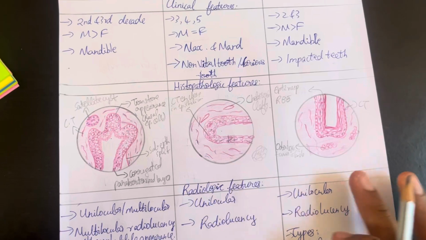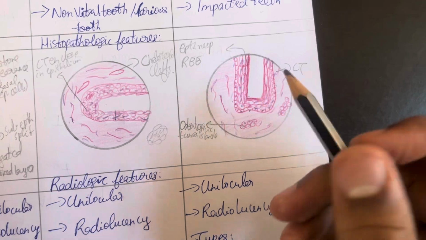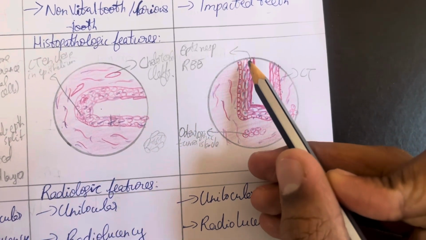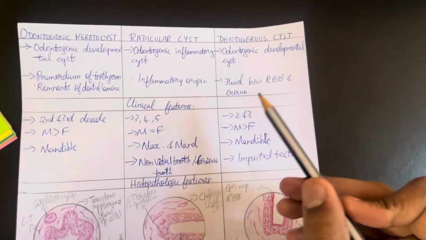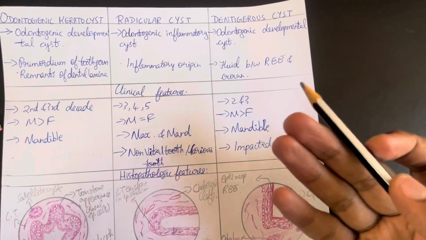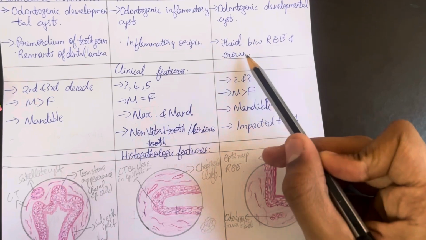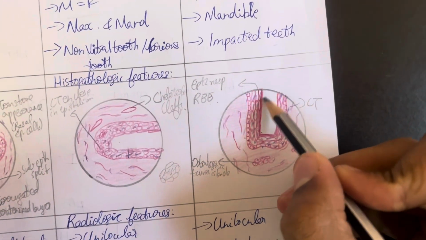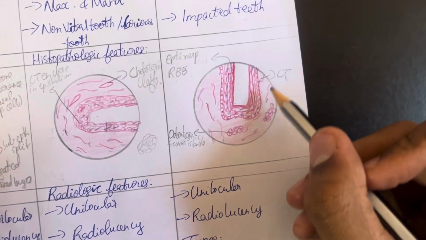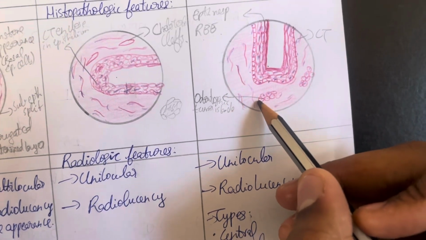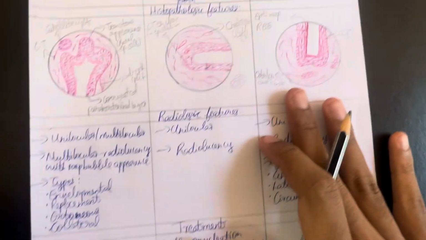Now coming to the dentigerous cyst, this is the outline, and the lining epithelium will resemble the reduced enamel epithelium. As we saw the origin of this dentigerous cyst, it is the fluid between reduced enamel epithelium and crown. So the same point here, the lining epithelium resembles the reduced enamel epithelium and the connective tissue obviously, and there are odontogenic islands in the connective tissue of dentigerous cyst. That is all about histopathology.